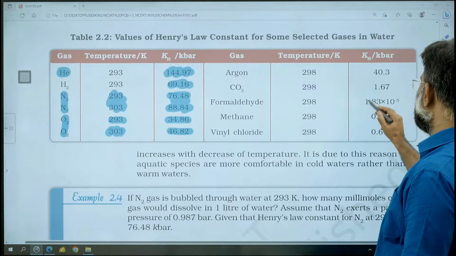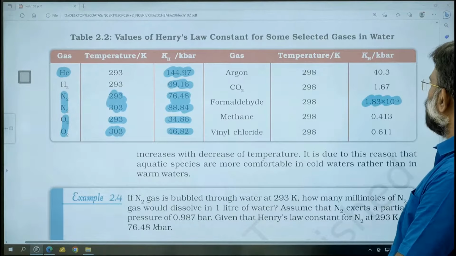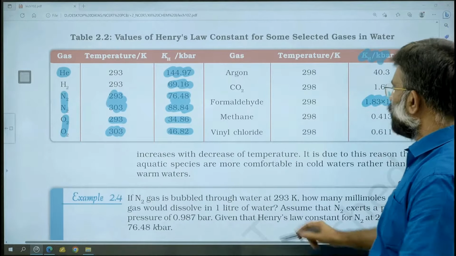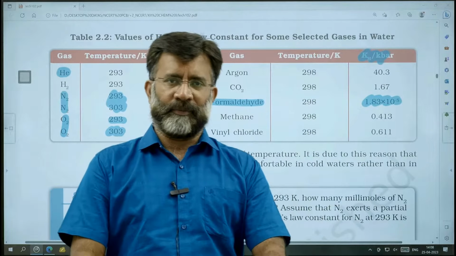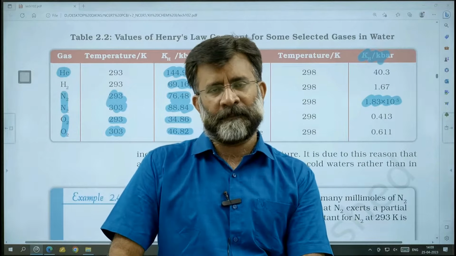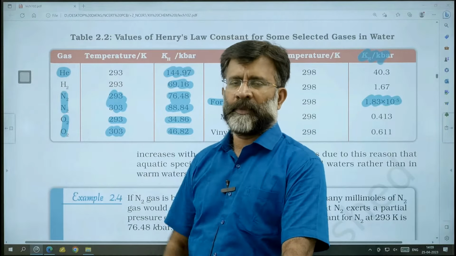You see a very low value, 1.83 into 10 power minus 5, for formaldehyde, and that is found to be highly soluble as given in the table. Which is least soluble? The one with the high KH value, helium.